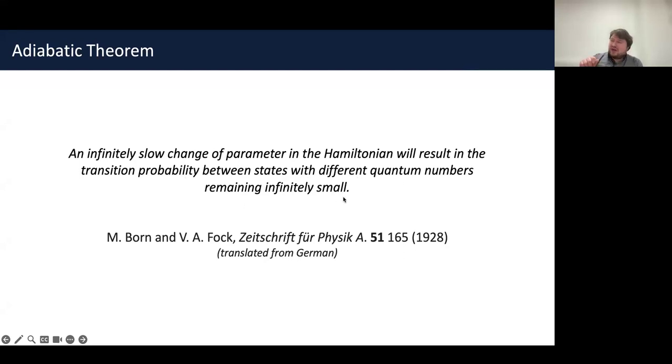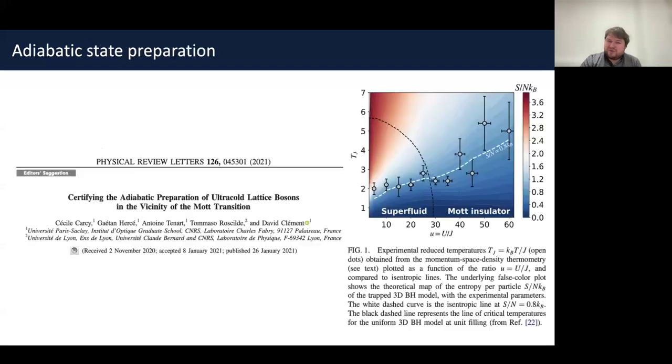So essentially, if I change my Hamiltonian very slowly, then effectively I'm not changing my Hamiltonian at all at any one given time. So I should stay in the states that I have been in previously. So if I start in the ground state, I should stay in the ground state. And of course, this is true up to many caveats, especially around degeneracy and other things. But let's just start from this rather simple way of thinking about it.